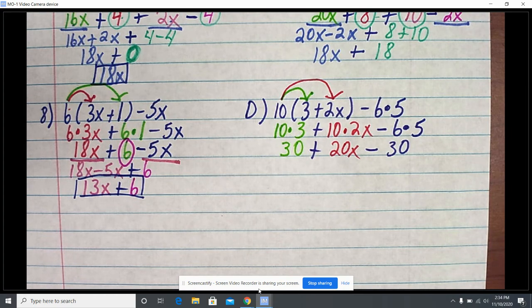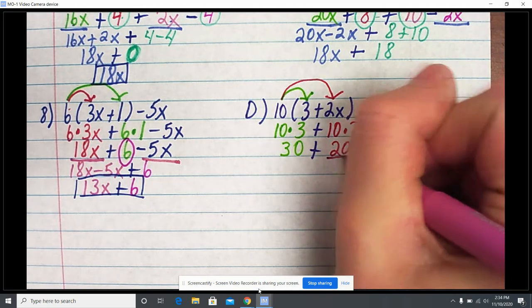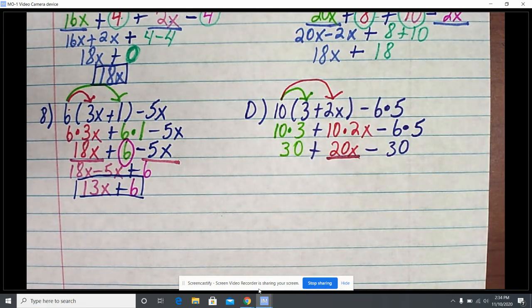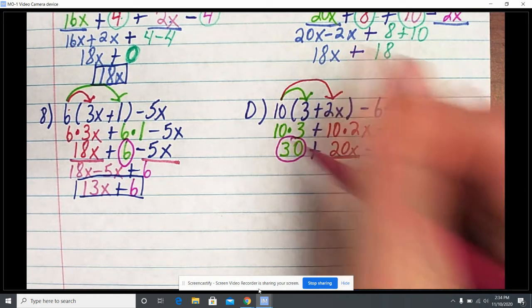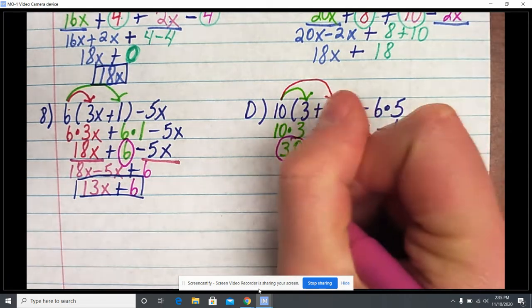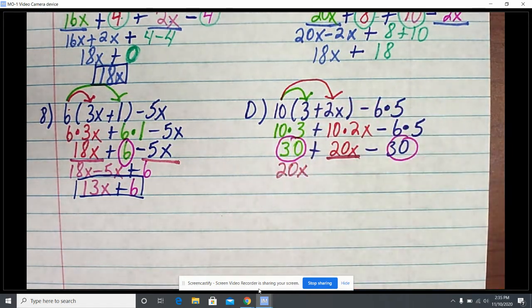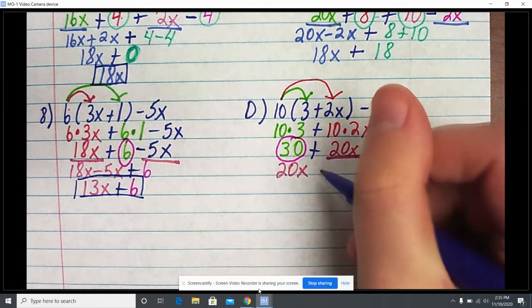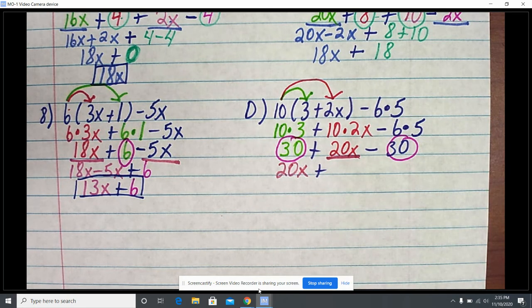Alright, so let's underline any terms with an x. So there's only one, and then I'm going to circle my constants. Alright, let's start with our underlined term. So we only got one underlined term, so I'm just going to drop that 20x down here. And let's do plus. Now I'm going to start doing my circle term.